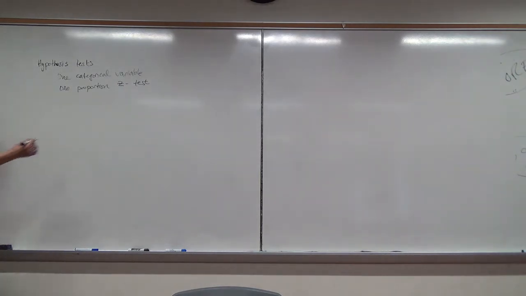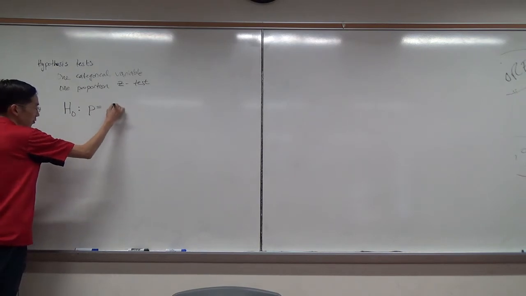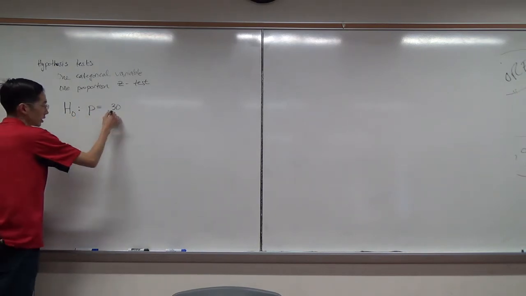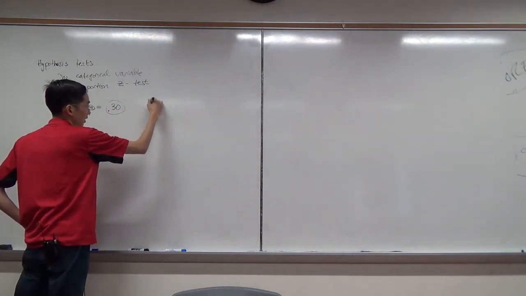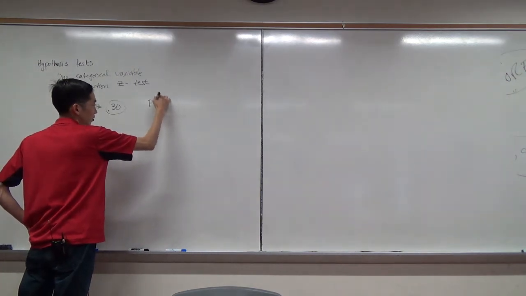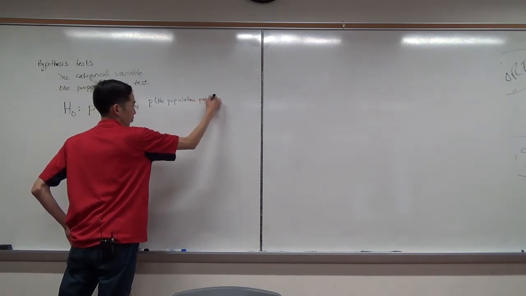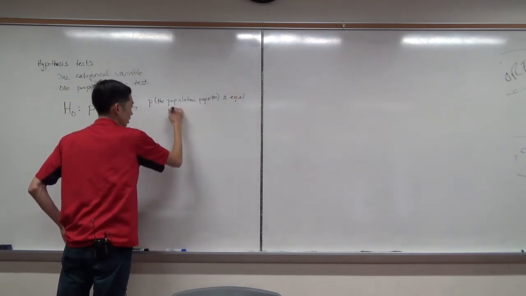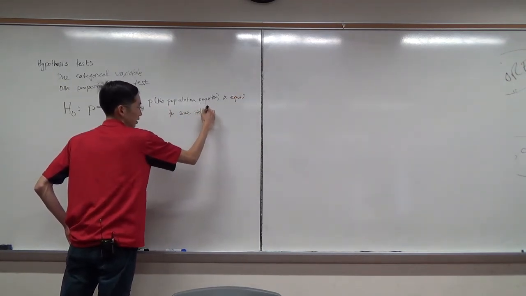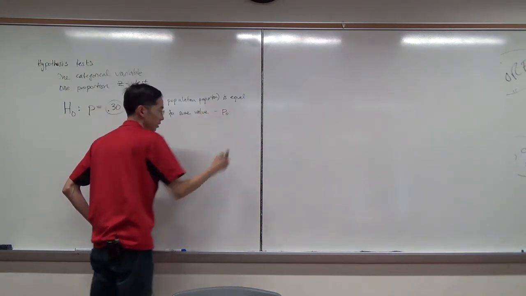With a one proportion z-test, your null hypothesis is always going to be that p is equal to some value. I'm just making up some value, 30% or whatever. So the null hypothesis always says that p, the population proportion, is equal to some value. We refer to that value as p0, not p hat, okay?